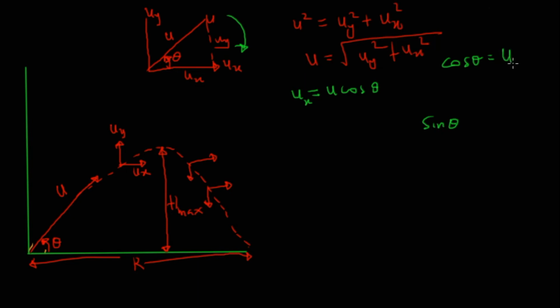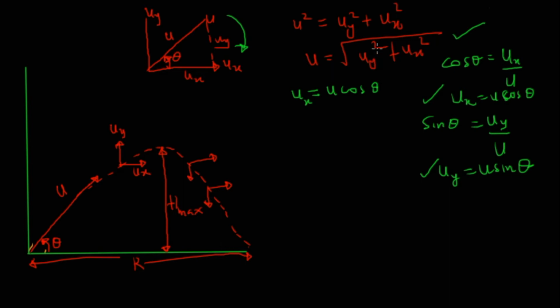The adjacent in this case is ux, the hypotenuse is u, so ux becomes u cos theta. In the same way, the sine of theta is uy, the opposite, upon the hypotenuse u, so uy becomes u sine theta. So the formula for ux is u cos theta, the formula for uy is u sine theta, and the magnitude of the velocity is the root of uy squared plus ux squared.